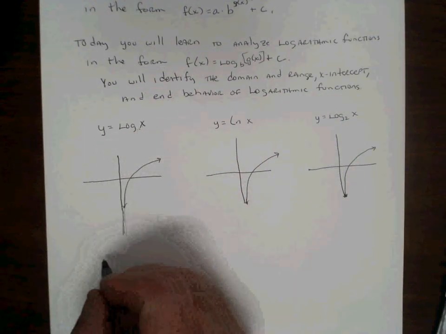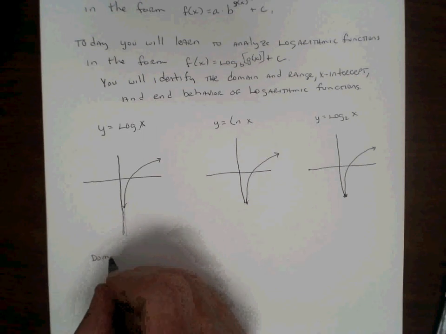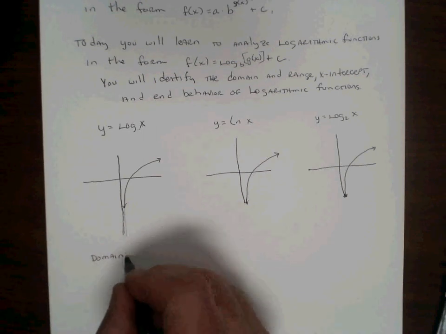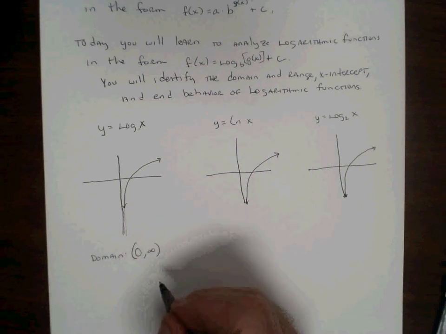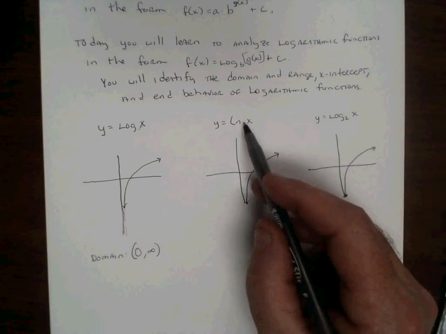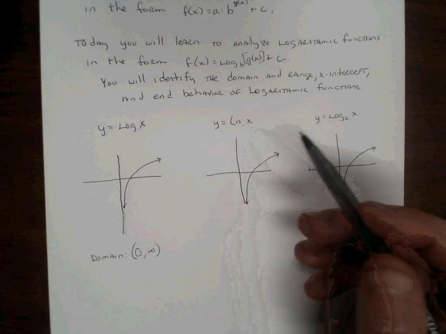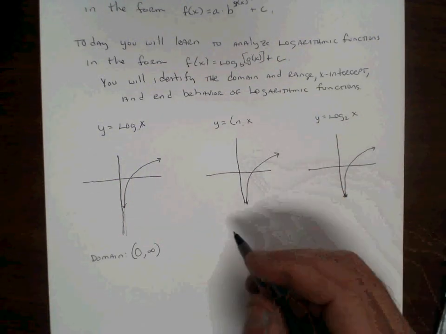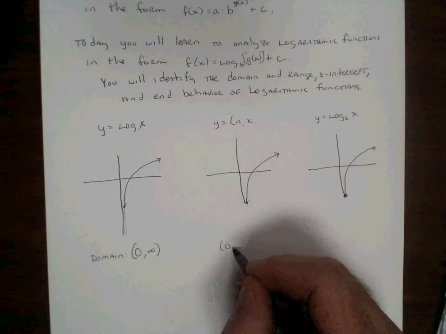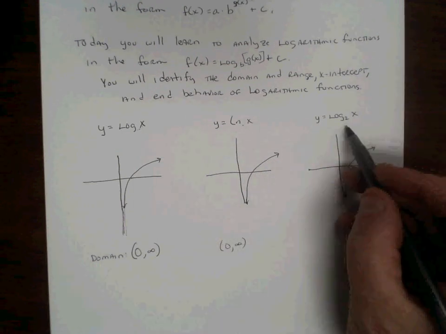Therefore, the domain of this simple logarithmic function is 0, not including 0, to infinity. Same goes here because this is the base e. E is a positive number. There's no power you can raise e to get 0 or a negative number, so its domain is also 0 to infinity.